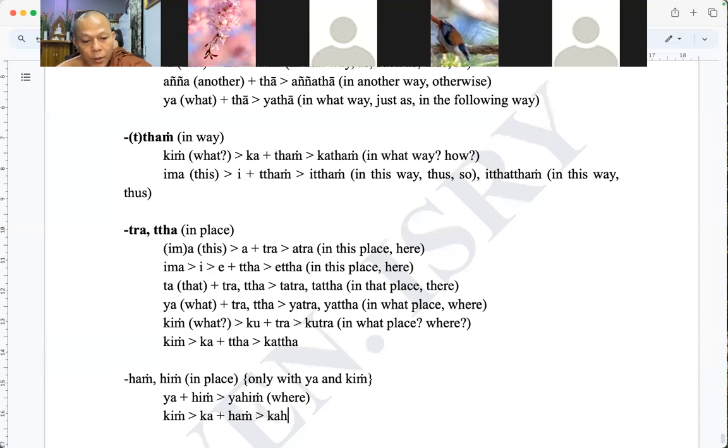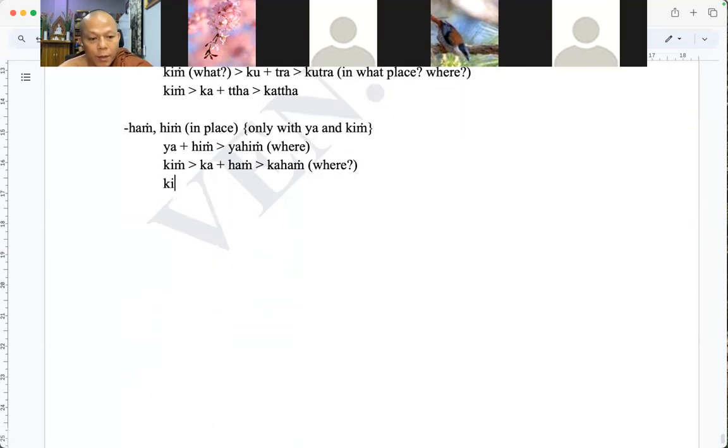So we have the kaham, also a question word. And then ka is changed to the gu and the hey. So guhey, also works in this way.